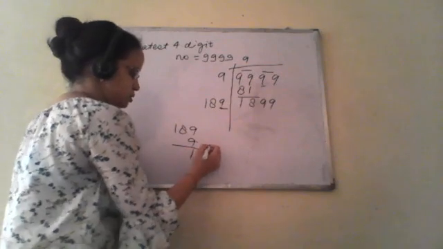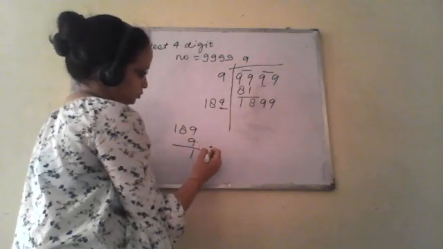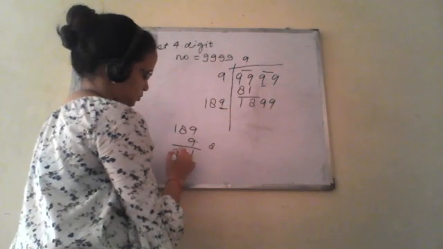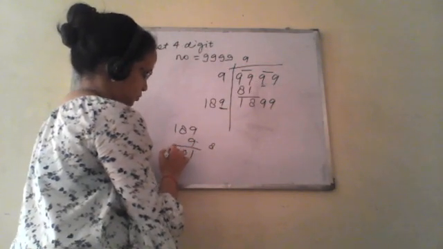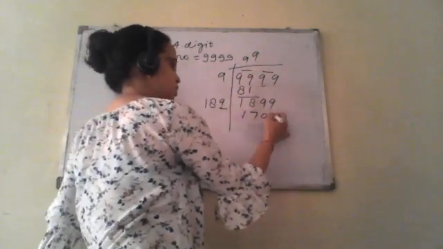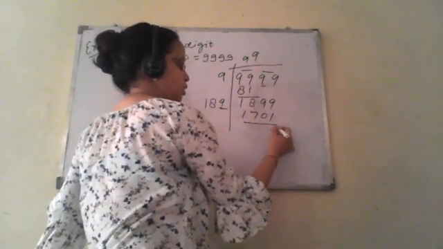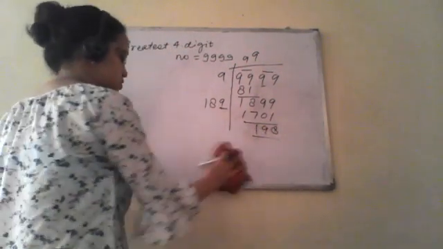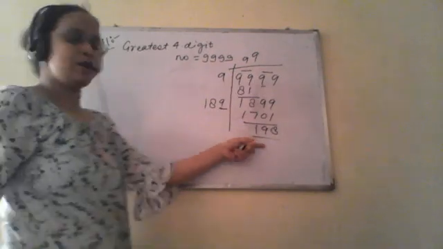So we'll put 9 here. So this 198 is a remainder. As we did in the last question, this 198 is extra.